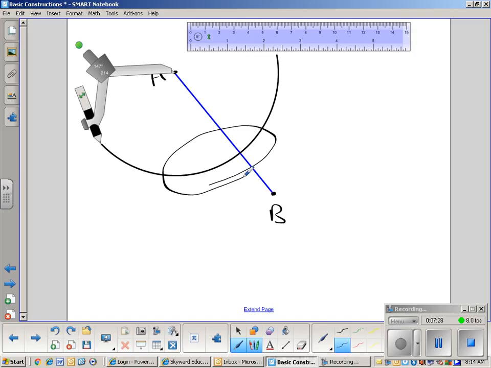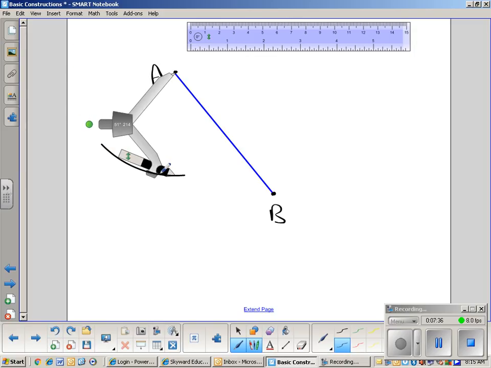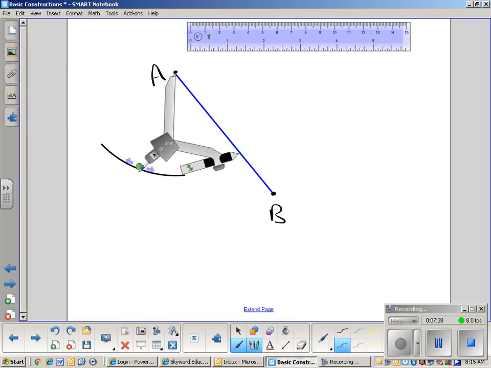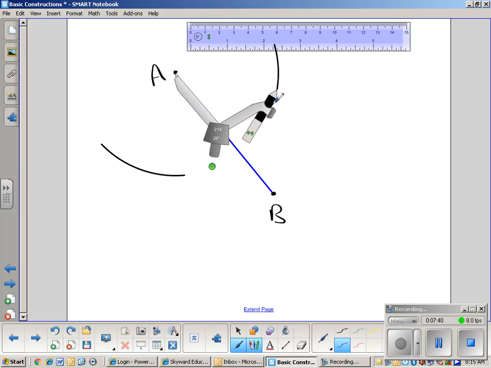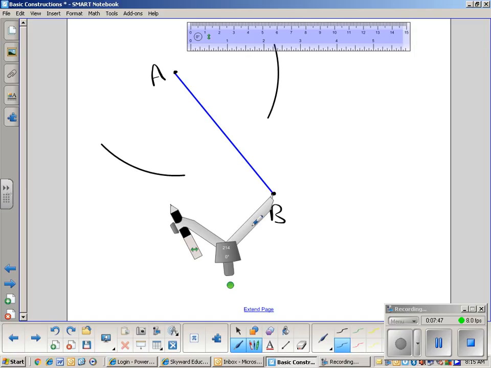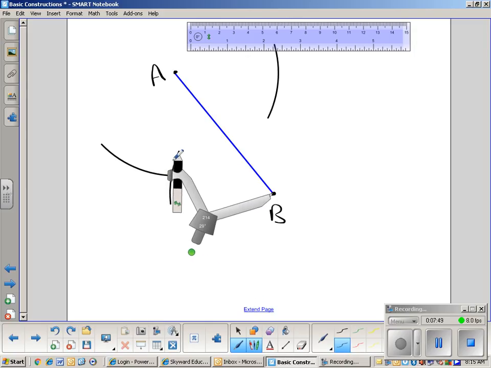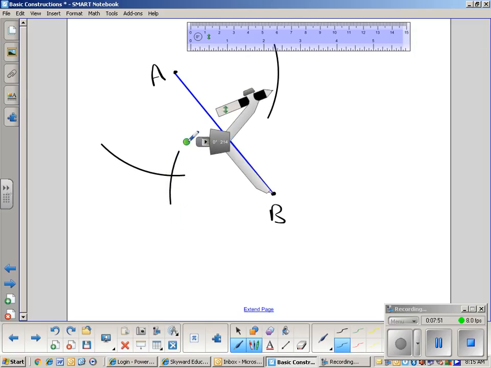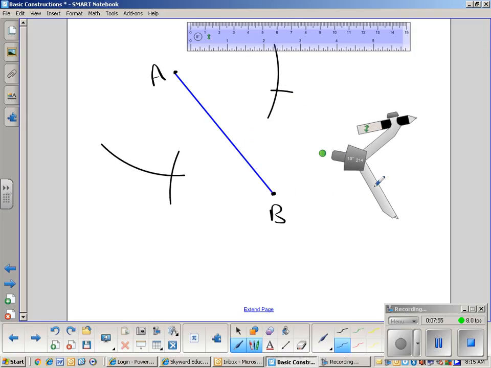As long as you don't get confused on what all the intersections are going on, you're okay. All we really need though is an arc up here, or down there, whatever you want to call that, and one over here. And I'm going to come over here to B. I'm going to do the same thing. All I need to know is where they cross.